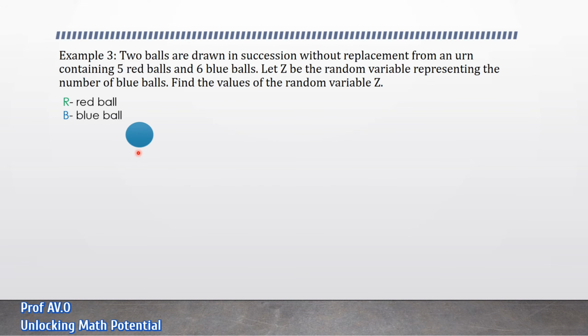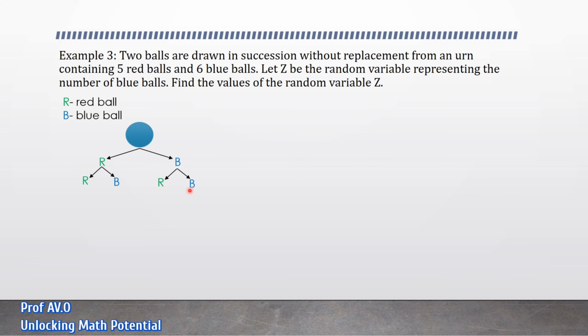We will test this ball twice because we have 2 balls. For the first test, either this ball is red or blue. For the second test, either red or blue.